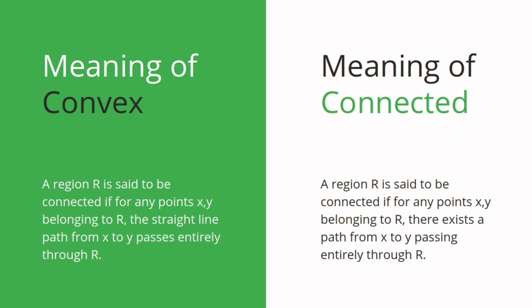Now, convexity is further a subset of connectedness, where we say that the path between x and y must be a straight line path.